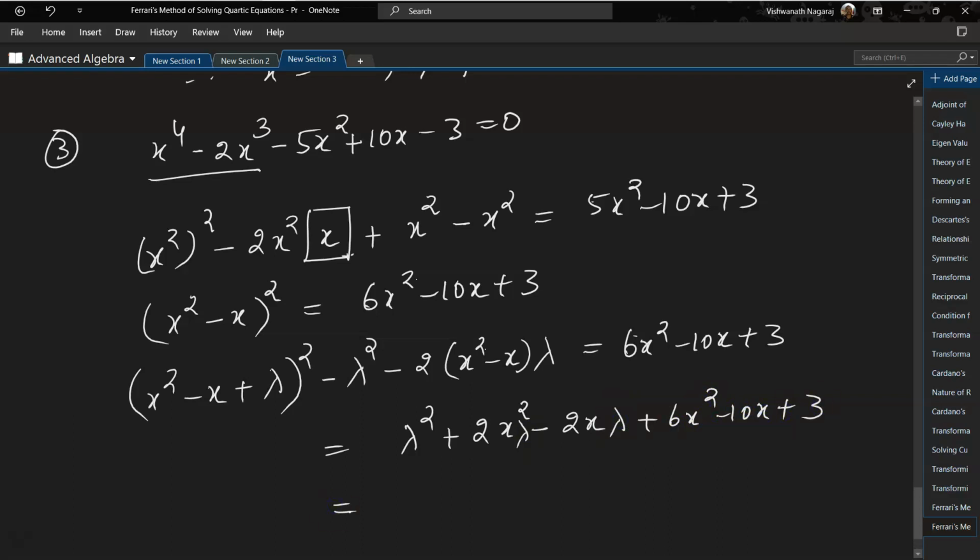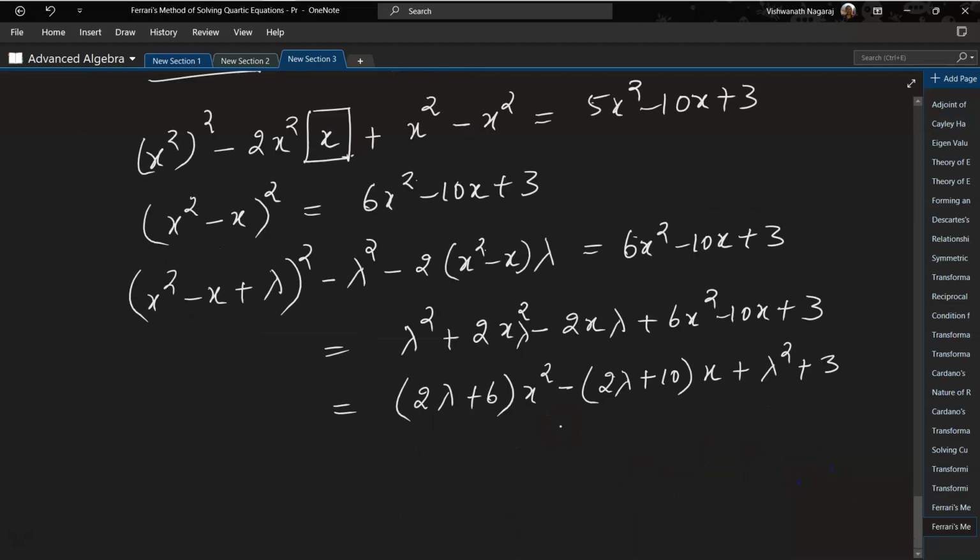Let's group them based on x. So we end up with 2 lambda plus 6 is the coefficient of x square. Then minus 2 lambda plus 10 is the coefficient of x, and we are left with plus lambda square plus 3.